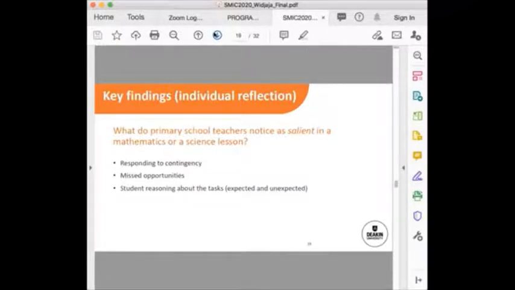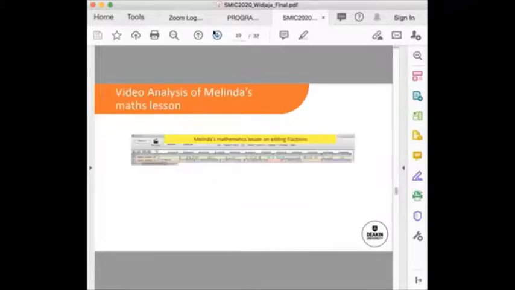So in looking at the analysis of the individual reflection, these are the three areas that the teachers identify as salient: responding to contingency, missed opportunities when they look at their video or their peers' video, and student reasonings about the tasks, which can be expected or unexpected.